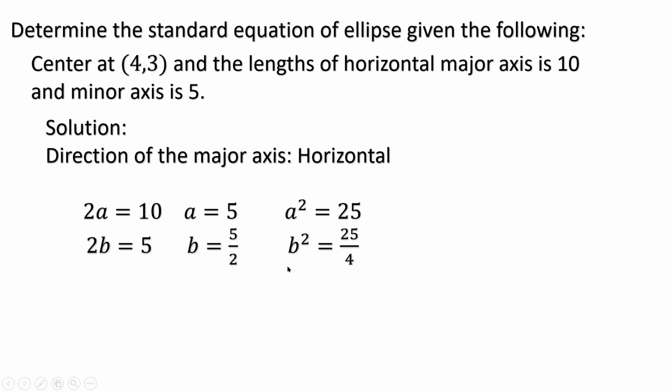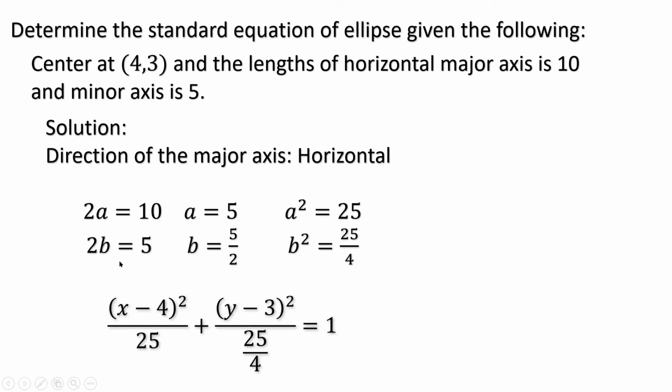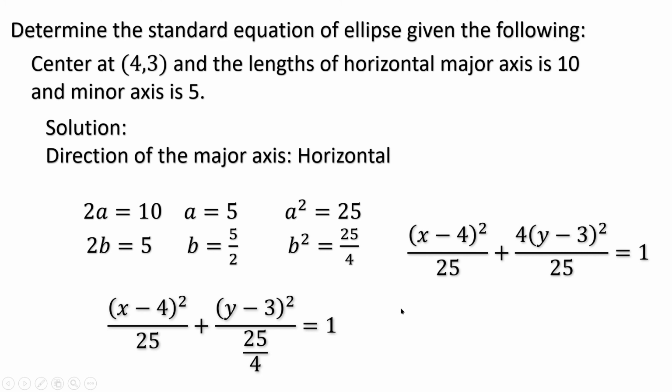So we have to plug in the values in our standard form of equation. We have horizontal major axis, so the bigger number should be written below the x part of our equation. So we have the square of x minus 4 over 25 plus the square of y minus 3 over 25 over 4 equals 1. Simplifying, we have to take the reciprocal of our denominator, so it becomes 4 times the square of y minus 3 over 25.